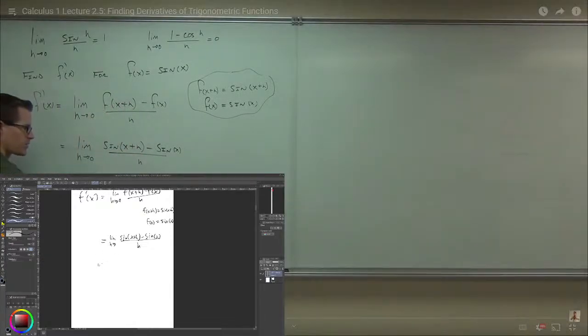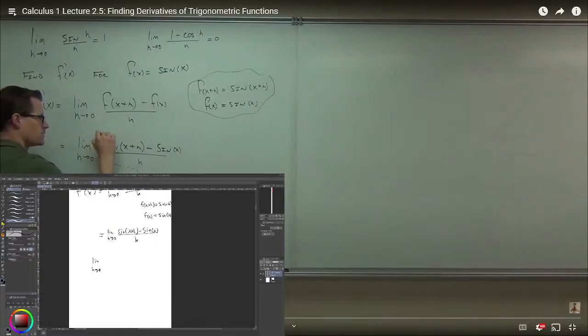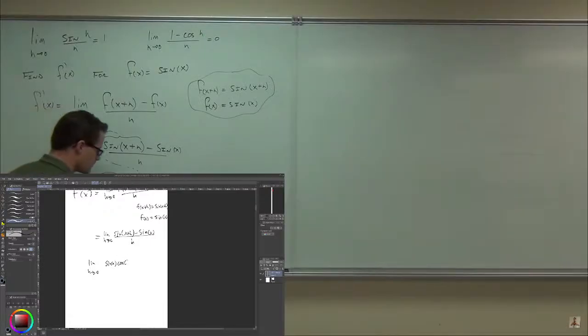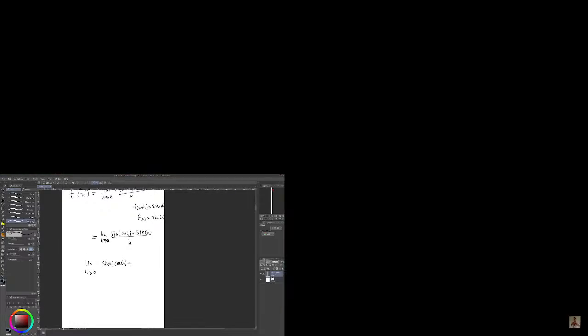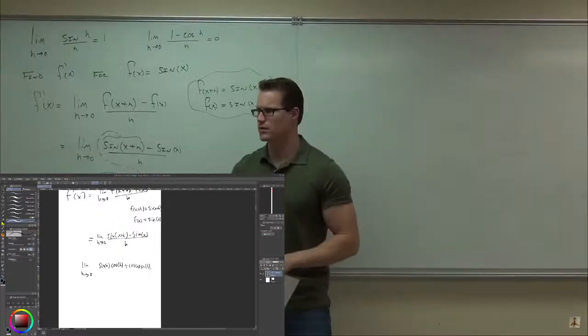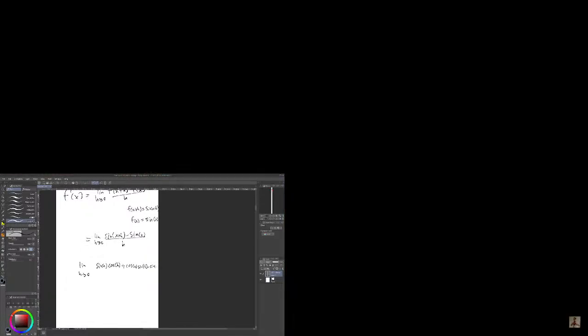So this part right here is the same as this part right here. Those are the same. So I still have a minus sine x, all over h. Are you familiar with that identity? Have you ever seen that before? Yeah, I just can't remember which one it's called. It's the addition identity. It says you can separate the addition of that angle like this: sine of x cosine h plus cosine x sine of h.